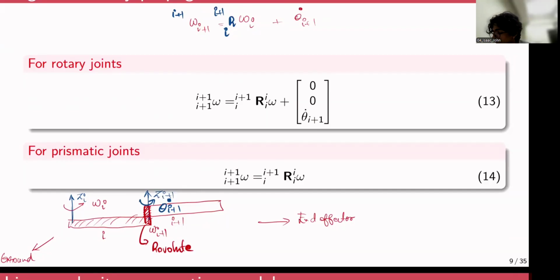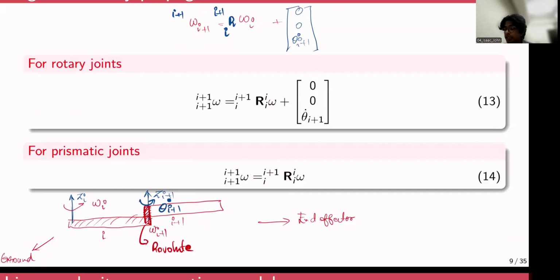As a result, this vector theta I plus 1 will only have one component, the Z component: 0, 0, theta I plus 1 dot. Right? So this is how you propagate angular velocities starting from the 0th link all the way to the final link.